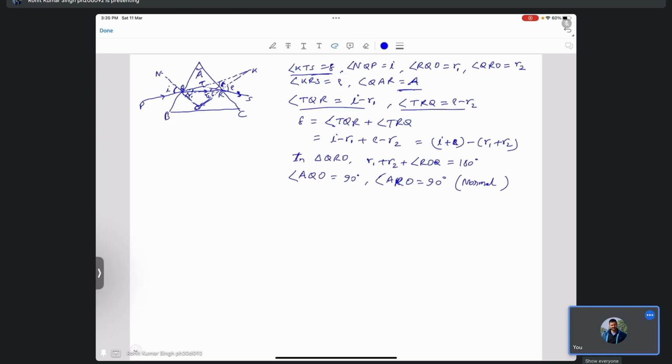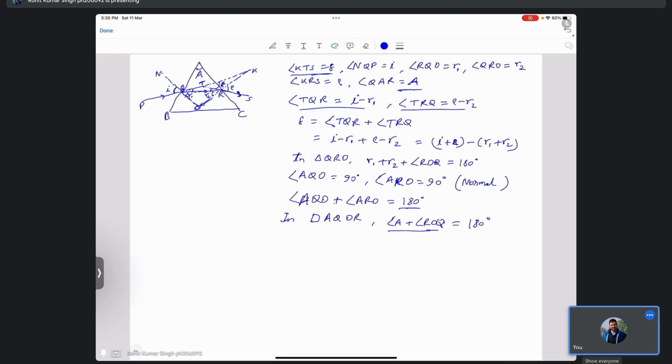Any doubt till now? Okay, so then we have the sum of angle ARO and angle AQO is 180 degrees. Okay, but in the quadrilateral AQOR, we have two other angles, angle A and angle ROQ. Now you know that all the angles of a quadrilateral sum to 360 degrees, and these two angles are 180 degrees, so these other two angles will also sum to 180 degrees, right?